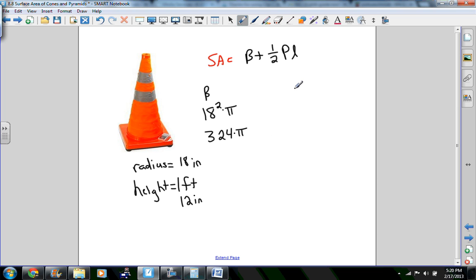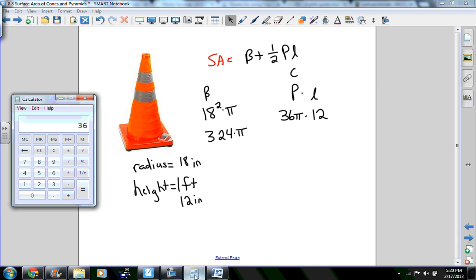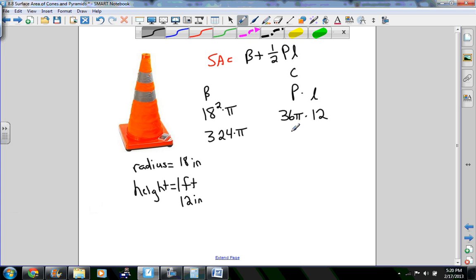And the perimeter, well, that's the same thing as circumference, which will be 36 pi times L, which is 12. We need 36 times 12, 432.